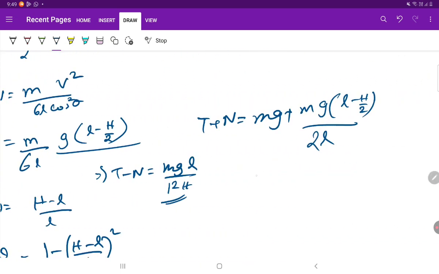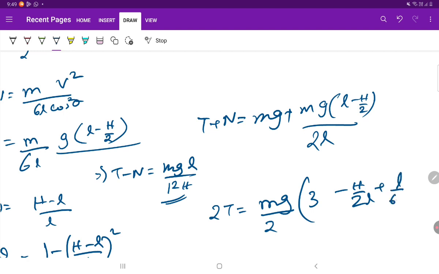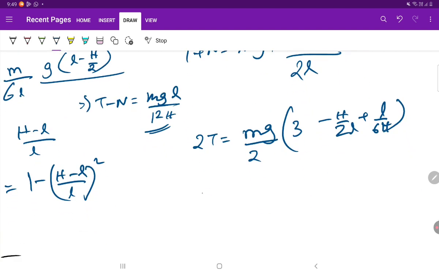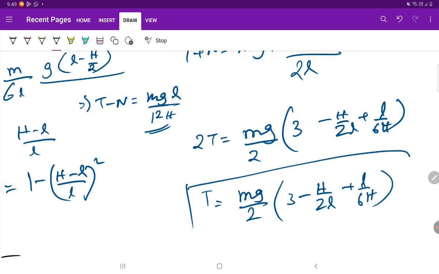Now just adding both the equations, I'll get 2T equals mg into, taking common mg by 2, I'll get 3 minus h by 2L plus L by 6h. From here I'll get tension equals mg by 2 times 3 minus h by 2L plus L by 6h. Hence that's the answer.